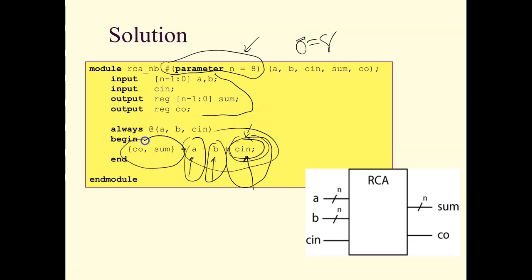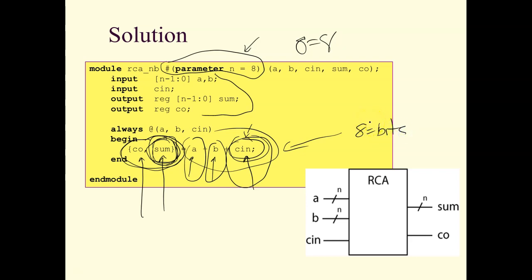Looking at the result here, there are 2 parts in the result: an n-bit sum and a carryout, concatenated together. It looks like that could be an n plus 1, like a 9-bit value, but it's not. It considers sum to be the largest value, so the largest value in this whole expression is 8 bits.